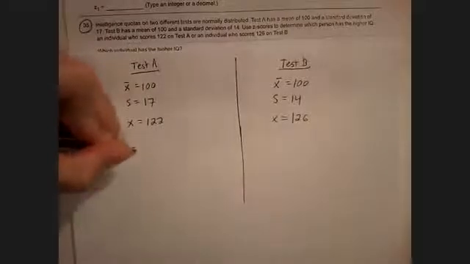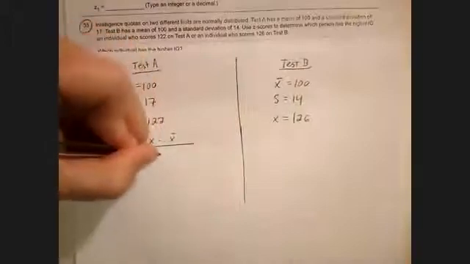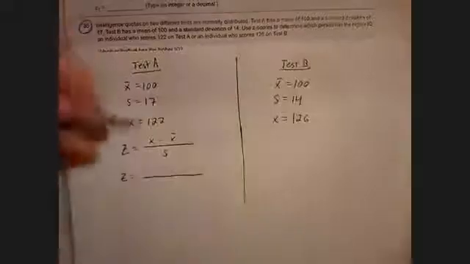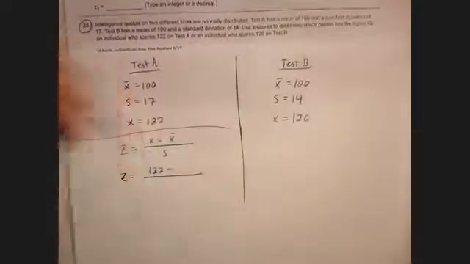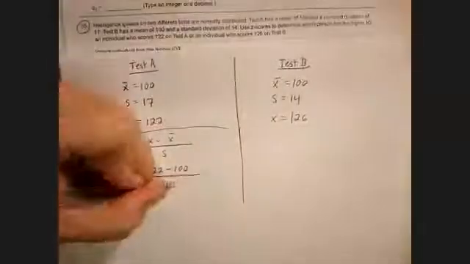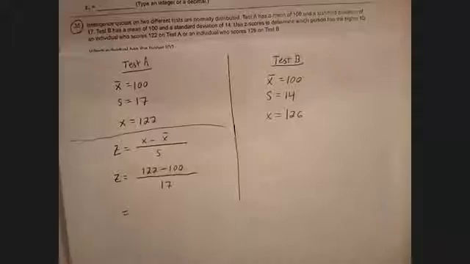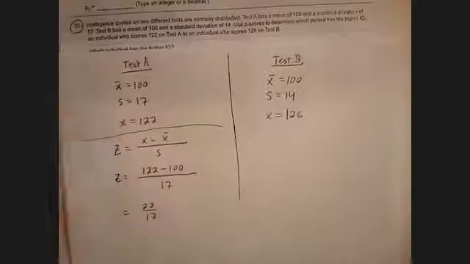So Z is, of course, the formula, X minus X bar over S. Z is 122 minus 100 over 17. Let's do that math. Of course, this is 22 over 17.